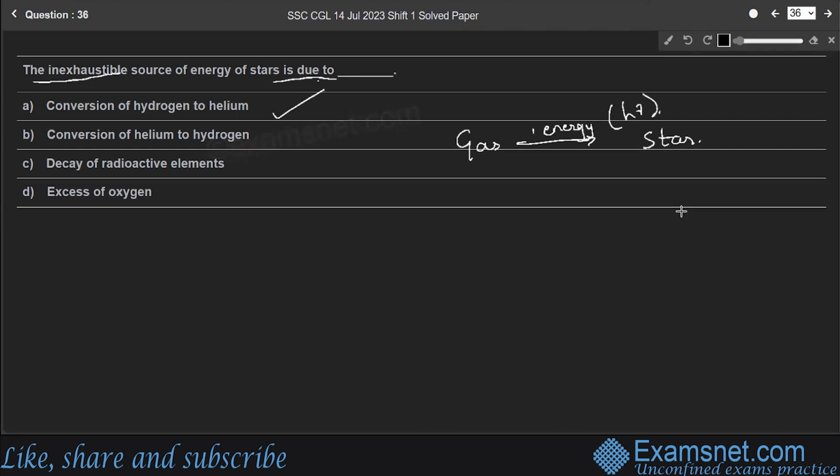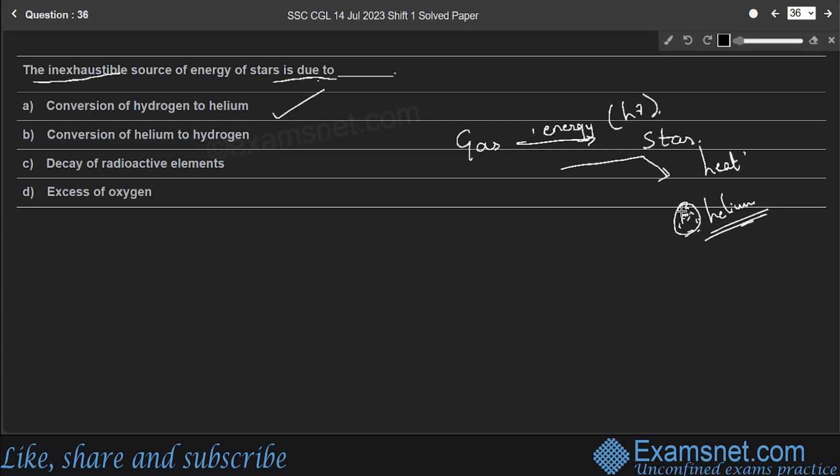Energy released from the collapse of the gas into a star causes the center of the star to become extremely hot. The energy released is in the form of heat.